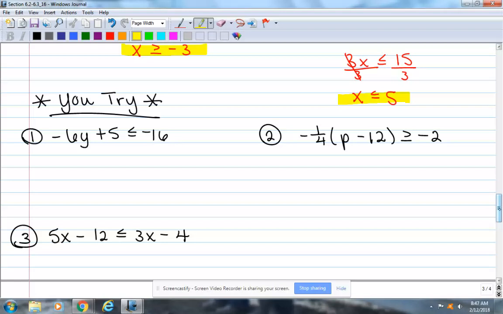If you've got all three of them answered, go ahead and check with a neighbor. Symbols count. So if your symbol's wrong, it's wrong.